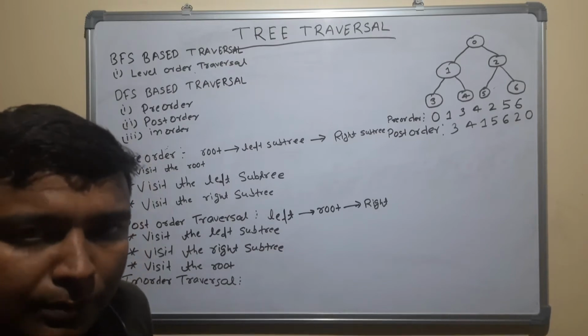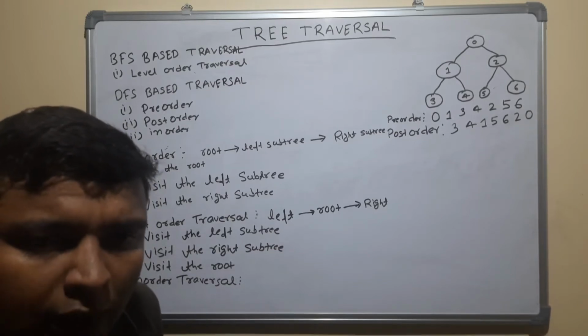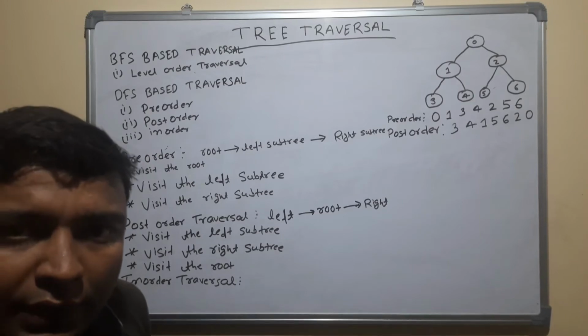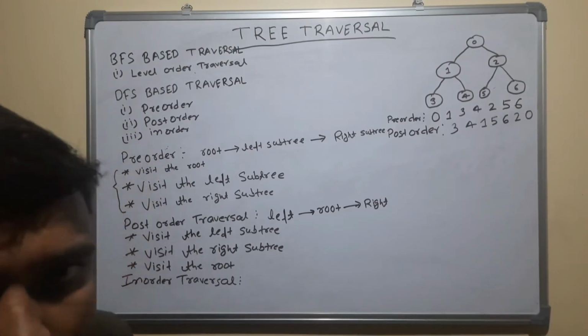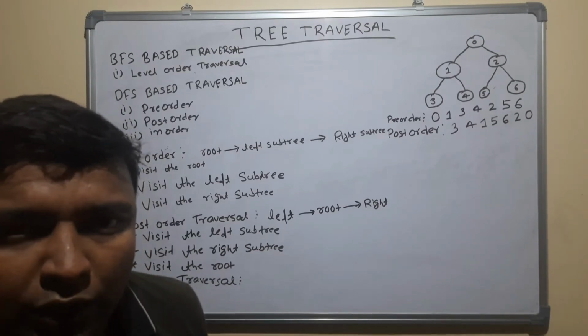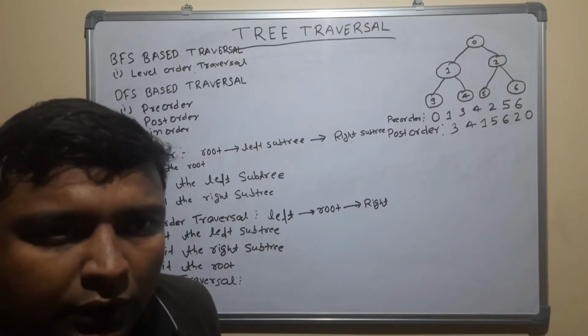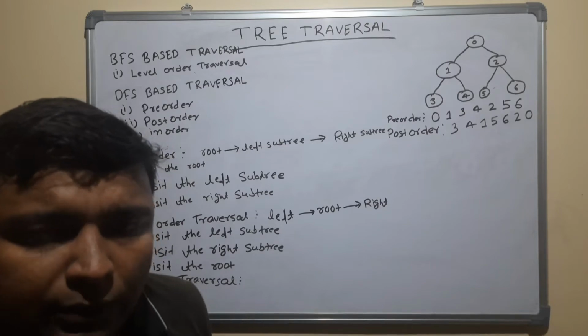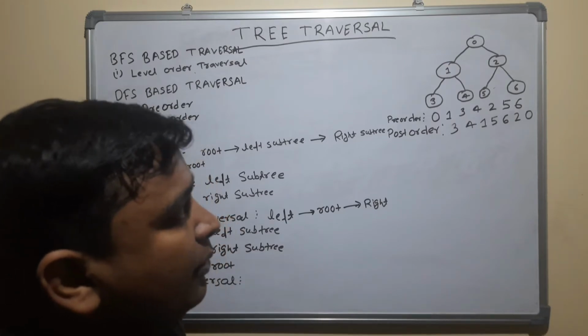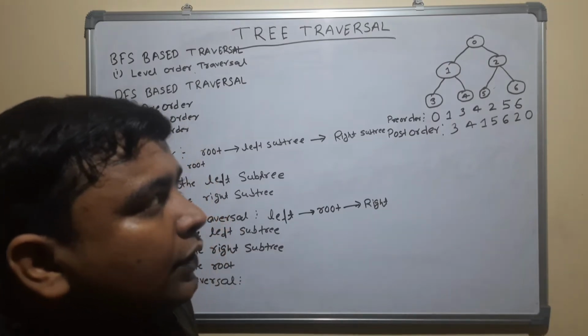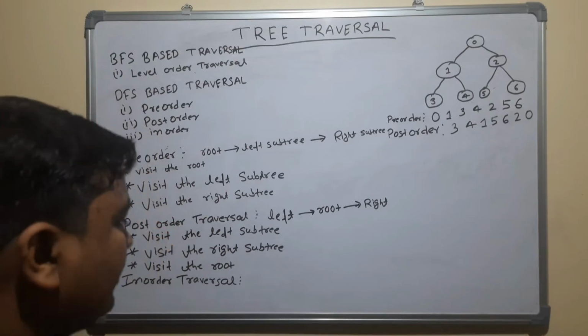Between the subtree processes means the left subtree will be processed, then the root will be processed, then the right subtree will be processed. So first the left subtree will be processed, then the root, and then the right subtree.